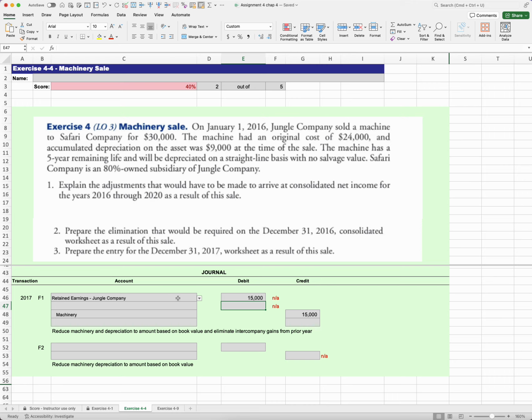So we have gone ahead and fixed that gain and that excess valuation in machinery. The other part of the F1 entry in subsequent years acknowledges that in prior years, specifically 2016, excess depreciation was taken. So again, I can undo that excess depreciation, which was again $3,000, and record that as a debit to depreciation expense.